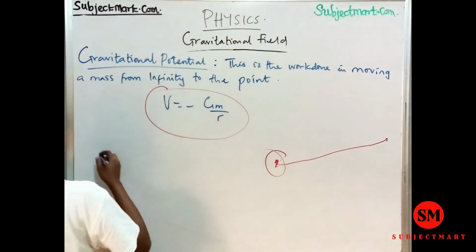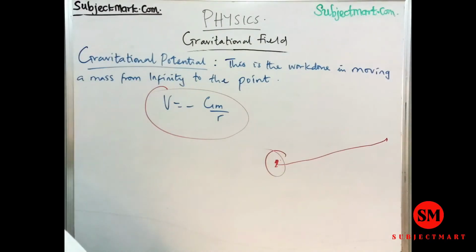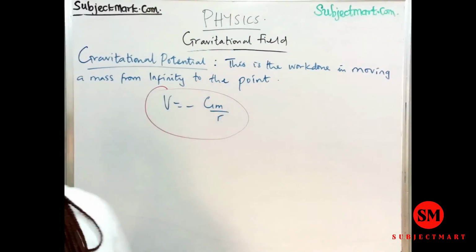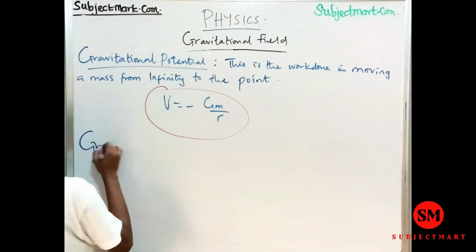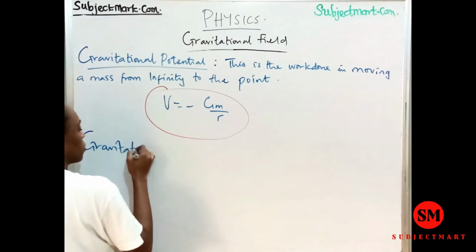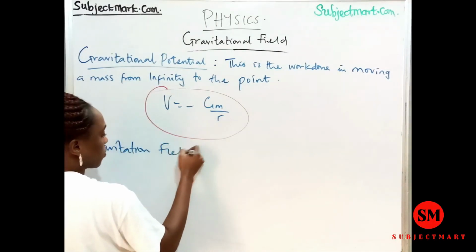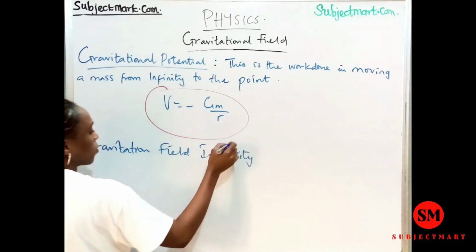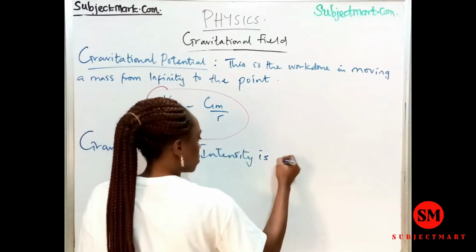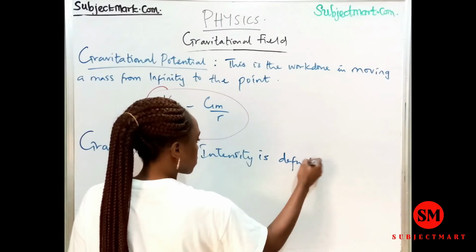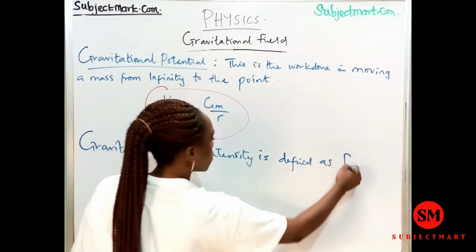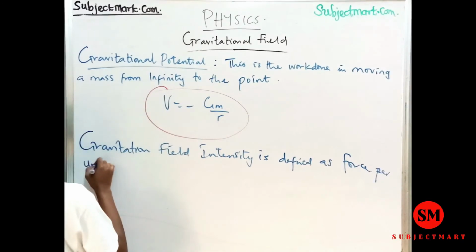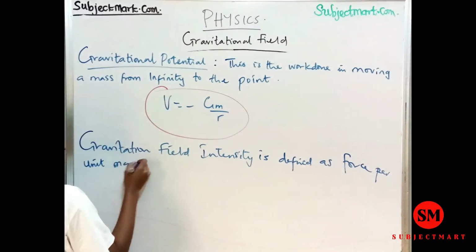While gravitational field intensity, on the other hand, is defined as force per unit mass, force over mass.